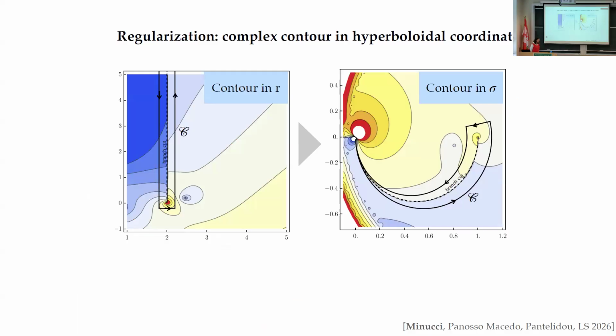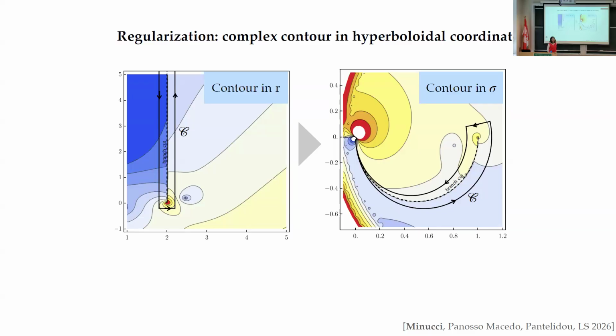Okay, so because the bilinear form is still divergent, not well defined on hyperboloids, we realized that we still needed to resort to regularization. But this was quite simple because we could just do a coordinate transform to the contour we were using in the coordinate R to this new contour in the hyperboloidal coordinate sigma.